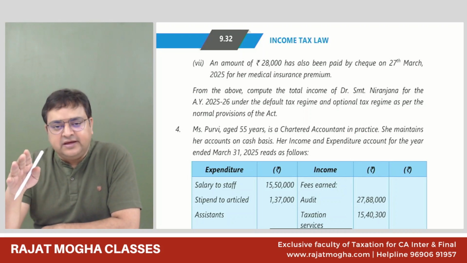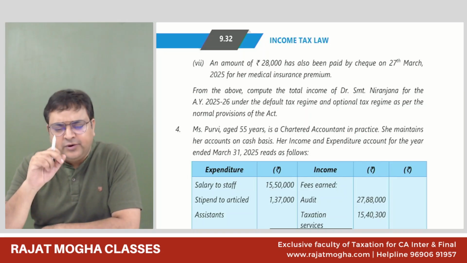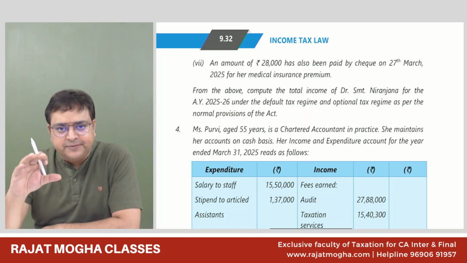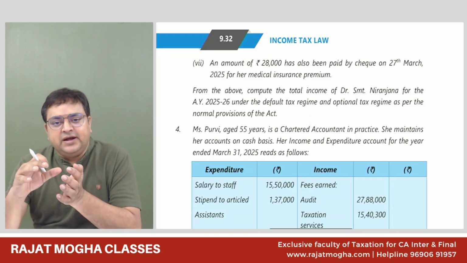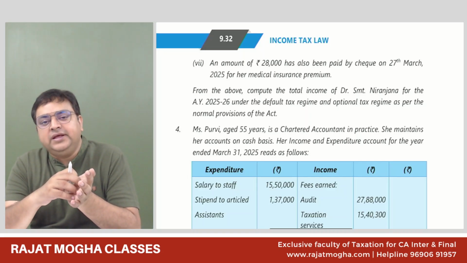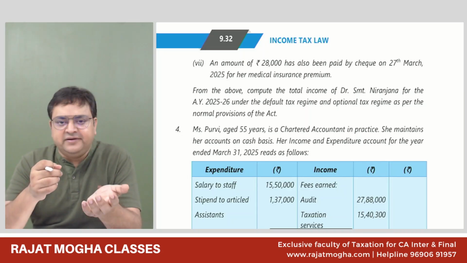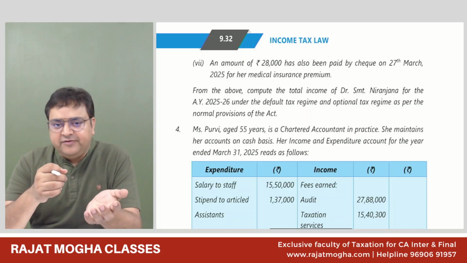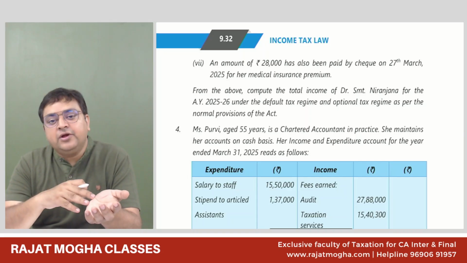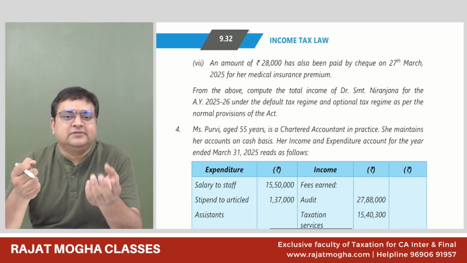So that should be done. Either just take one of the regime first. Let's say if you are taking default, just calculate it by default or optional, whatever you are taking, calculate by that. And after that, when you will be calculating the income as per the other regime, let's say for example, you have calculated by optional regime first, calculate everything. Then when you are going for the default regime, just pick the GTI of part 1.